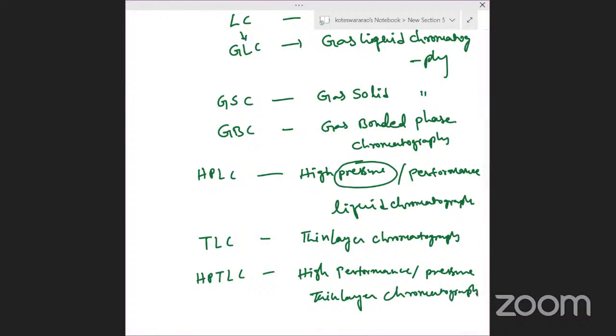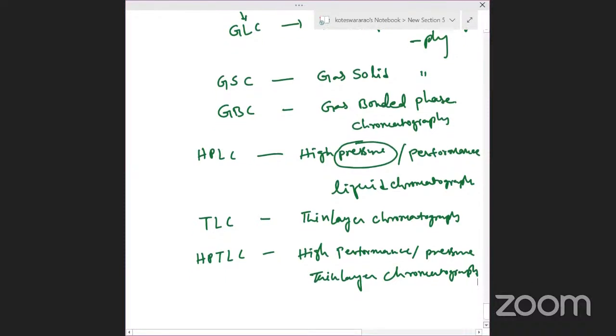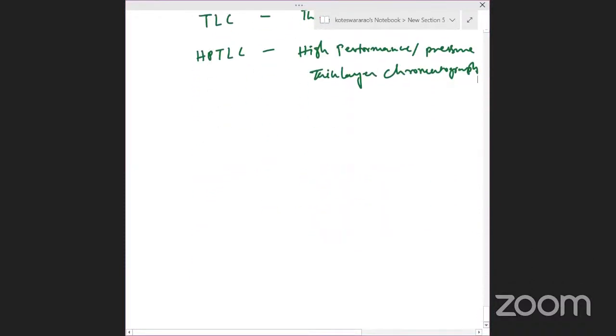What is IEC? IEC is ion exchange chromatography.